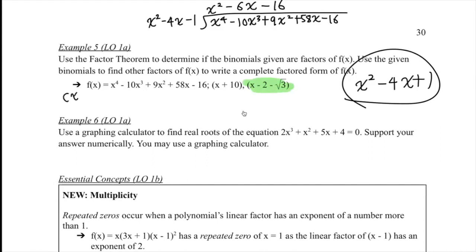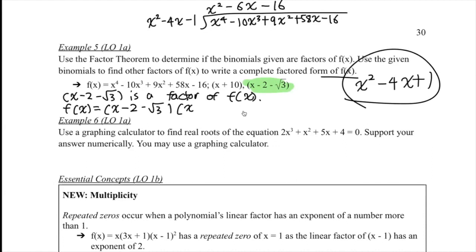So let's say that. And for other factors, to find a complete factored form, we can rewrite f of x as x minus 2 minus root 3, x minus 2 plus root 3.